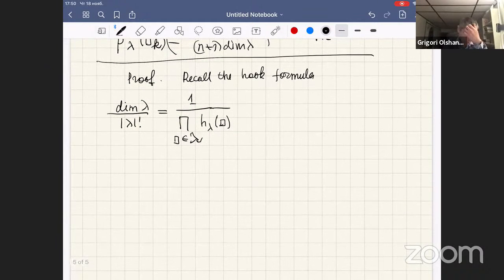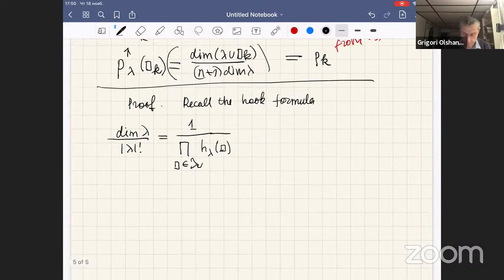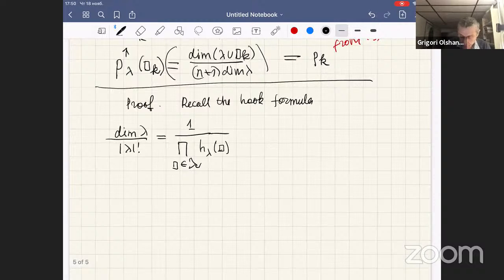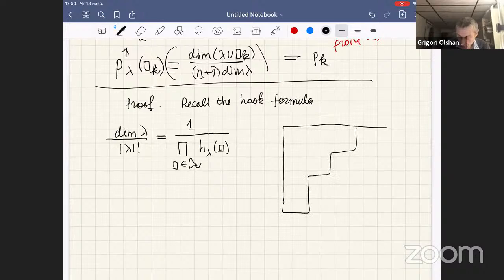So what we need to prove then, consider the picture. We have some picture like this, and this is our box, which is added to our diagram. Let's highlight it. This is the red box.